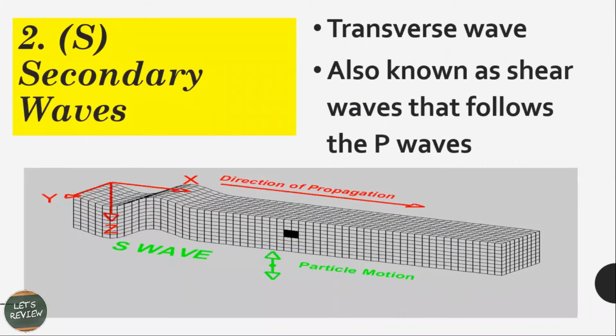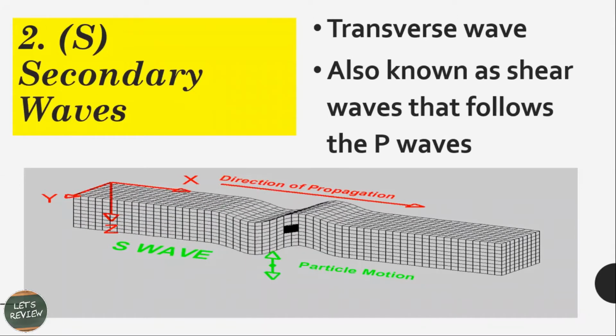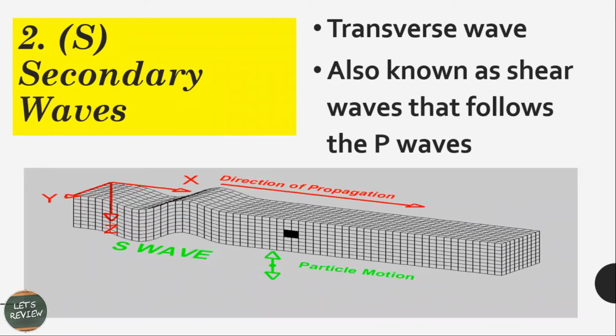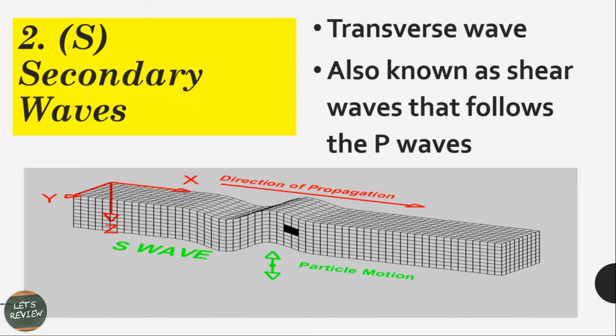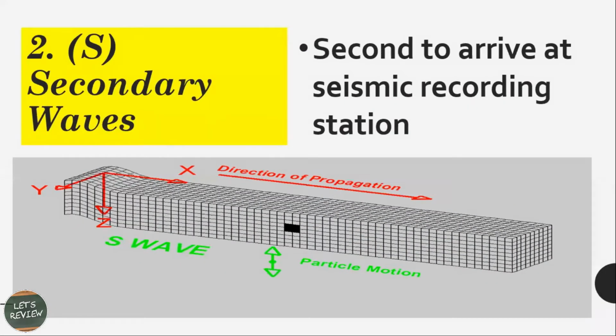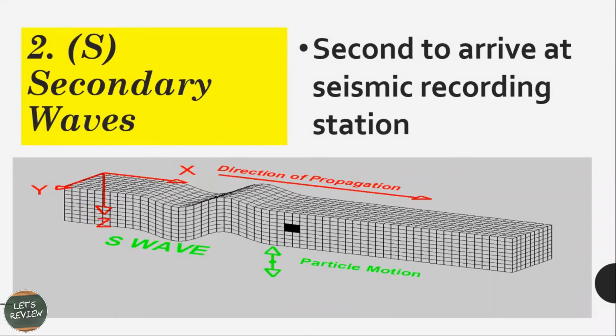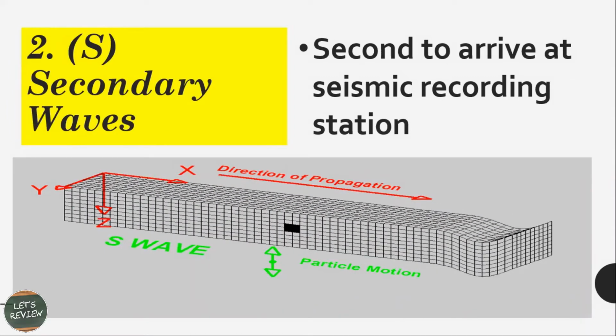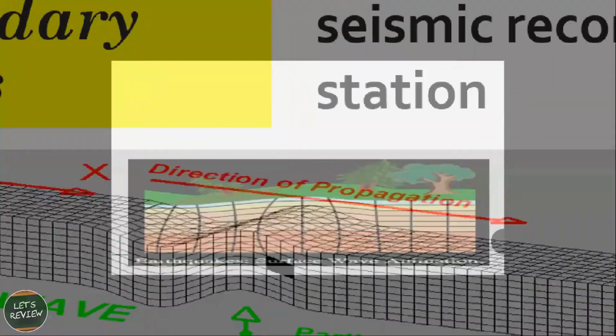The second type of the body wave is known as the secondary waves. It is a transverse wave, also known as a shear wave, that follows the P waves. This is the second one to arrive after the primary waves at the seismic recording station.